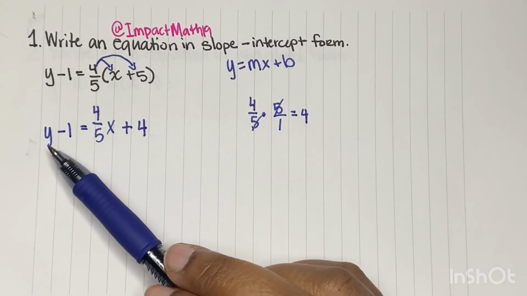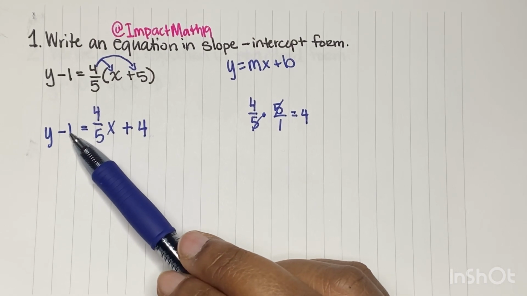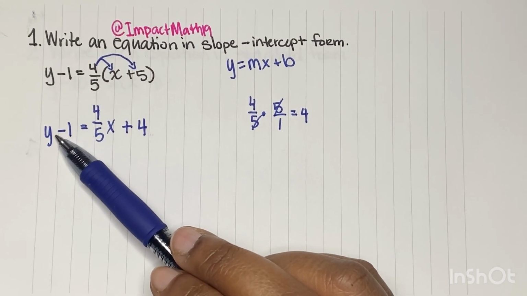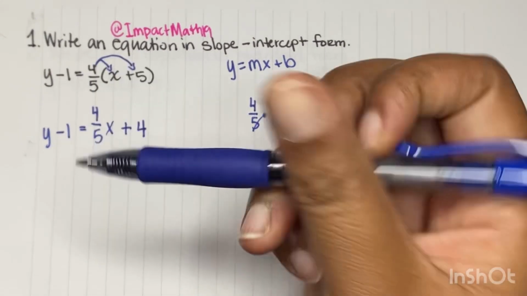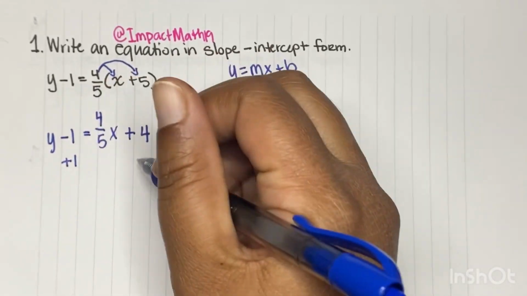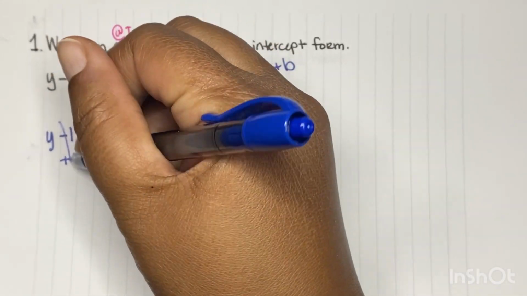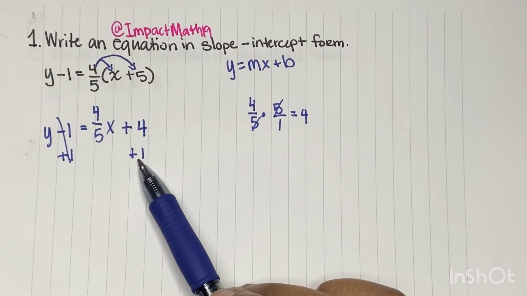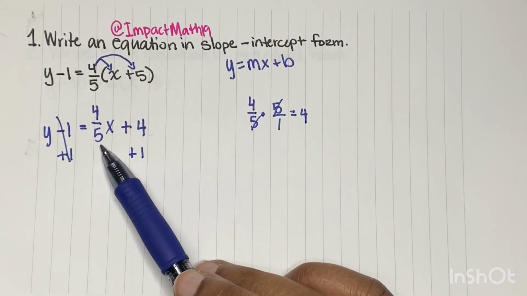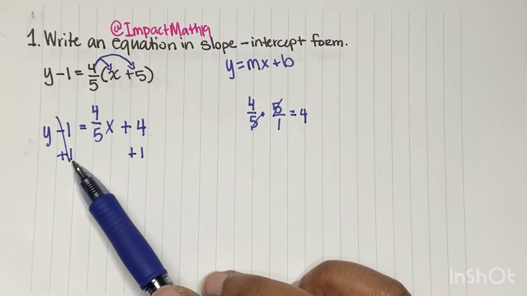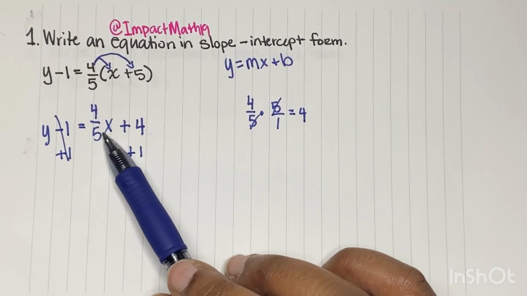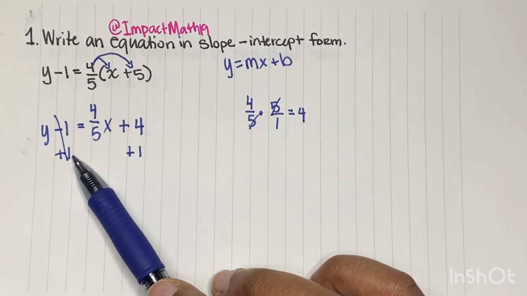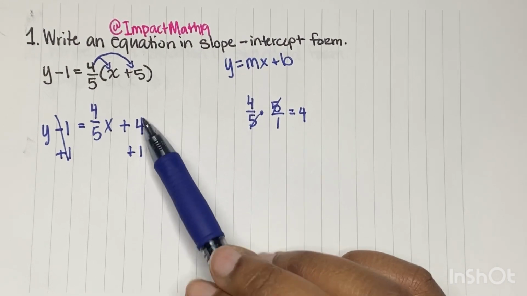And now I need to get this y by itself. So this minus 1 is on this side. So I'm going to do the opposite of minus, which is to add 1 to both sides. And as you notice, I'm adding the 1 underneath the 4 and not the 4/5 x, because these are not like terms. If I put the 1 underneath the x, it doesn't have an x next to it, so it must go underneath the 4.